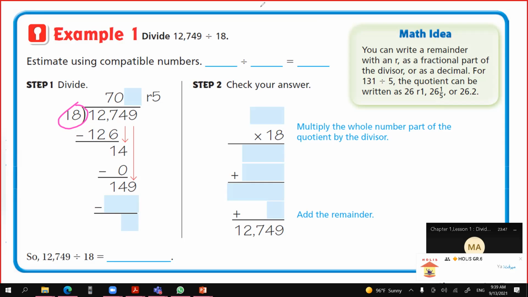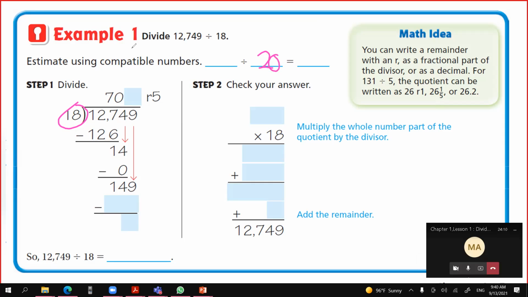Here now we have 12,749 divided by 18. The first step, you have to estimate the divisor. Estimate 18. So what is now the closest number, or can you estimate 18? Yes, let's write it as 20.